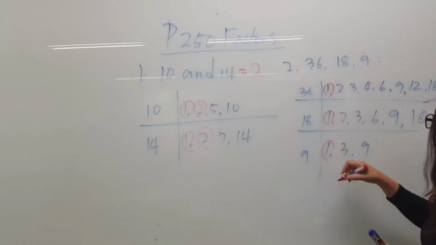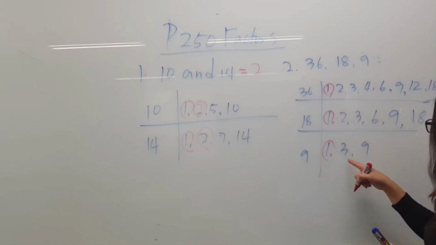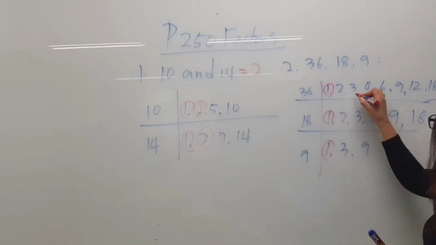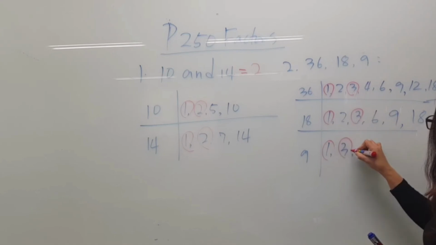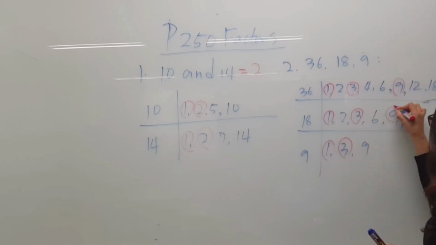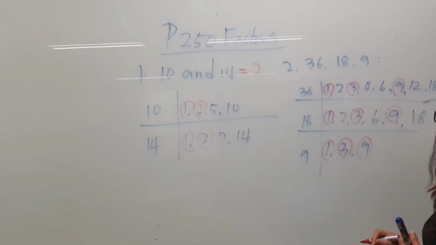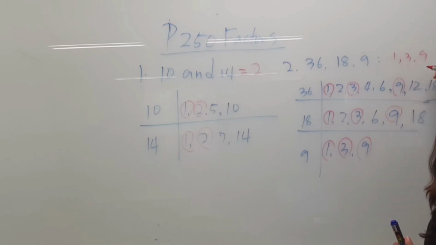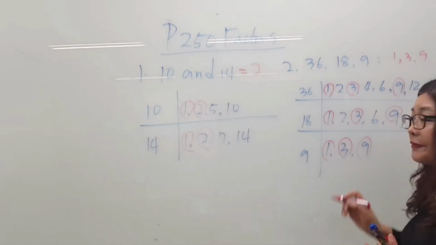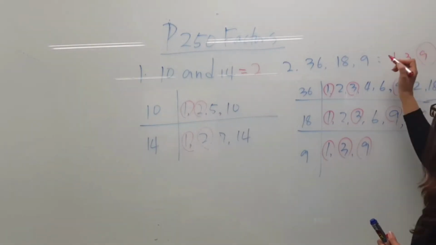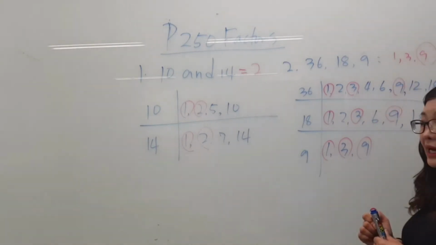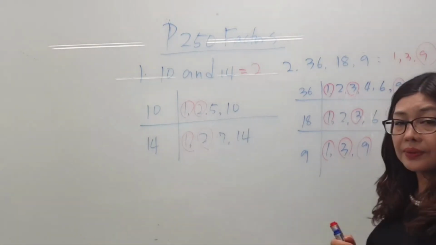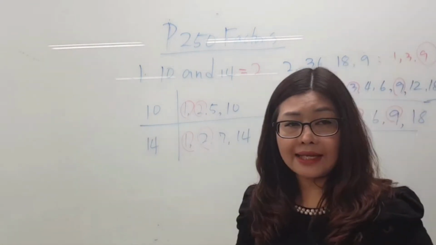You have 1 here, and 2, there's no 2 here. 3, yes, they have 3, 1 and 3, and of course they also have 9. So the common factors are 1, 3, 9, but the greatest common factor is 9. So the answer for number 2 is 9.